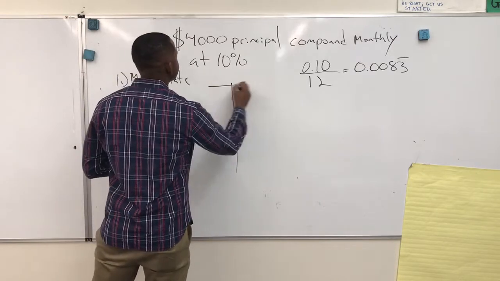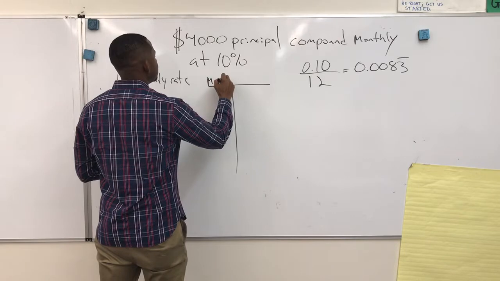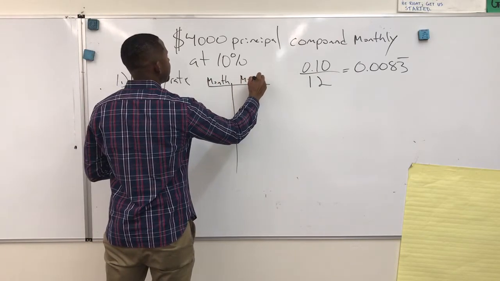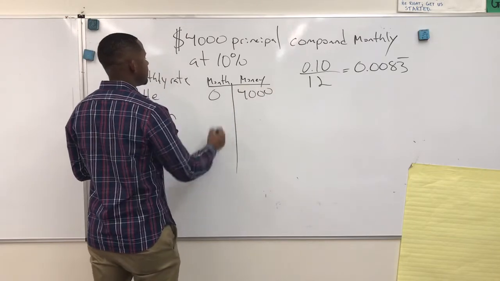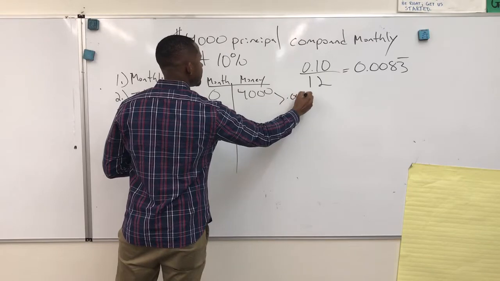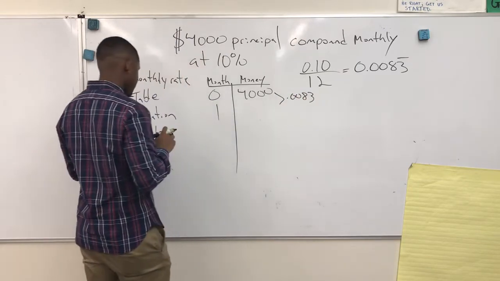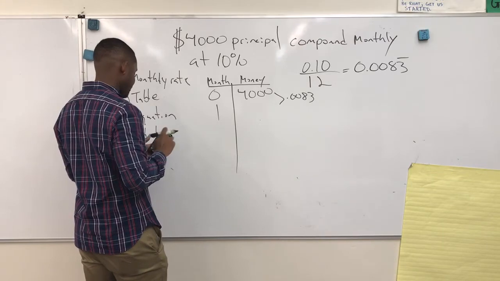So your table says, I'm going to take my month now, and this is my output of my money. Month 0, I have $4,000. Month 1, I have 4,000 times 0.0083.